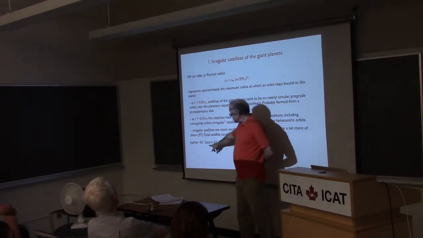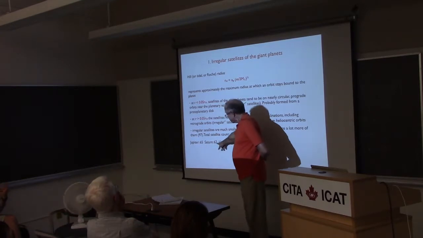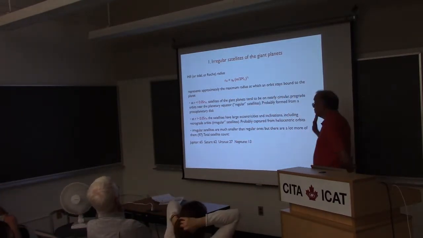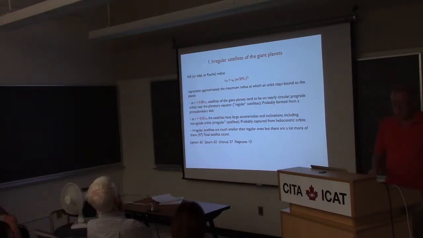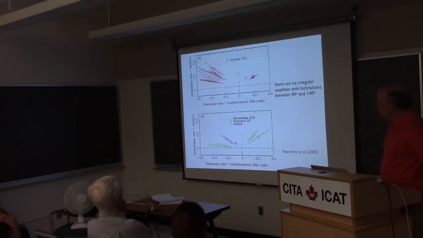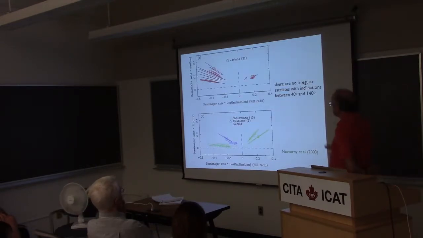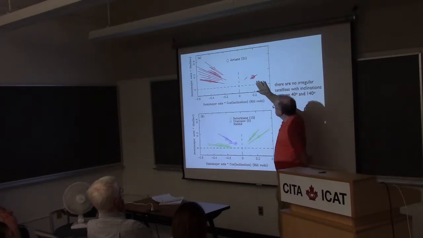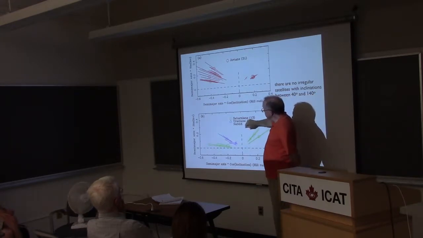The current numbers of satellites for the giant planets are 65, 62, 27, almost all of those are irregular ones. That's a picture of the regular satellite orbits. And the striking thing is that the inclinations of these orbits, this is for Jupiter, Saturn, and Uranus.